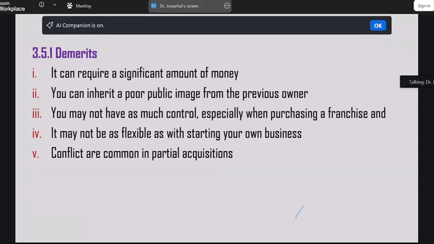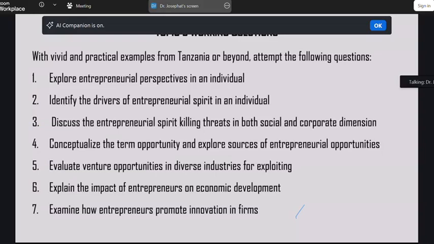Na pia ukipurchase franchising, you don't have much control kwa sababu ina much more controlled with the ones ambao wameingia mkataba, especially the parent companies. It may not be as flexible as with starting your own business, and conflicts are common in partial acquisitions as well. So this is all about our discussions for topic number 3.